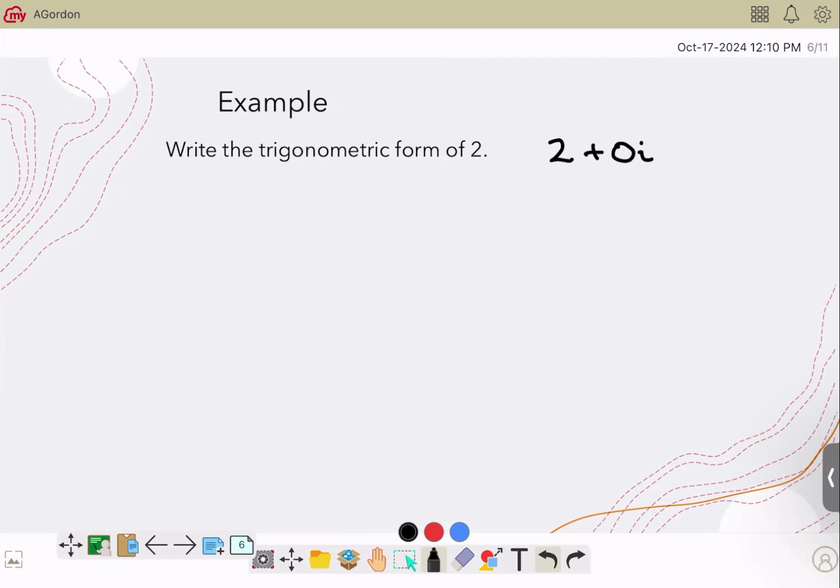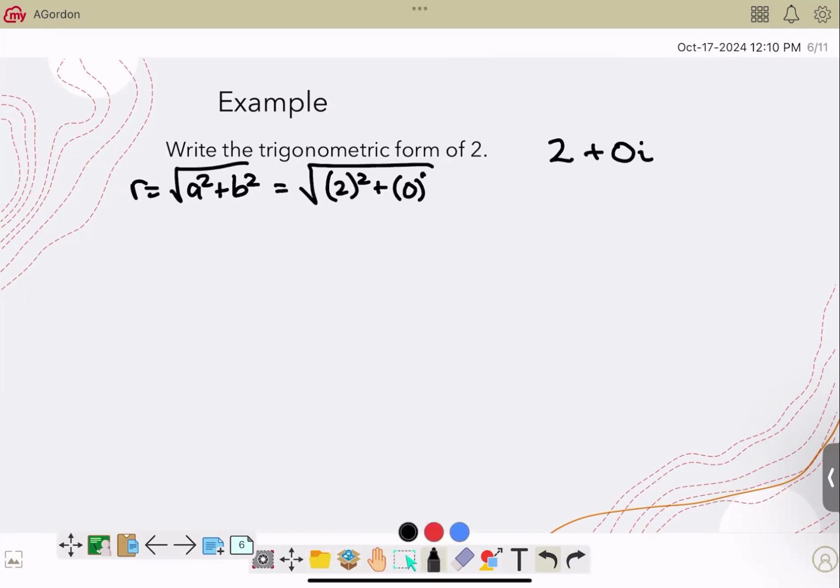That shows me a and b, and I can use them to find r. So r is the square root of a squared plus b squared. For this problem, the square root of 2 squared plus 0 squared, so that's the square root of 4, which again is 2.